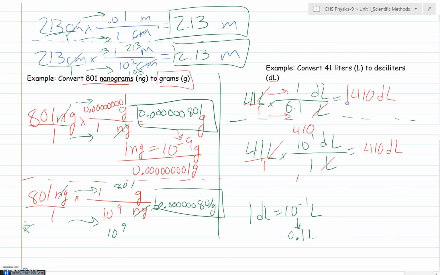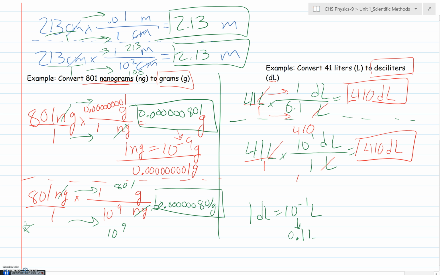All right, and I ended up with the same answers for both problems. And here's why. I know that 1 deciliter equals 10 to the negative 1 liters. 10 to the negative 1 can be rewritten as 0.1 liter. So I come up here and I had this set up with my liters on the top, liters on the bottom, looking for deciliters in the end.